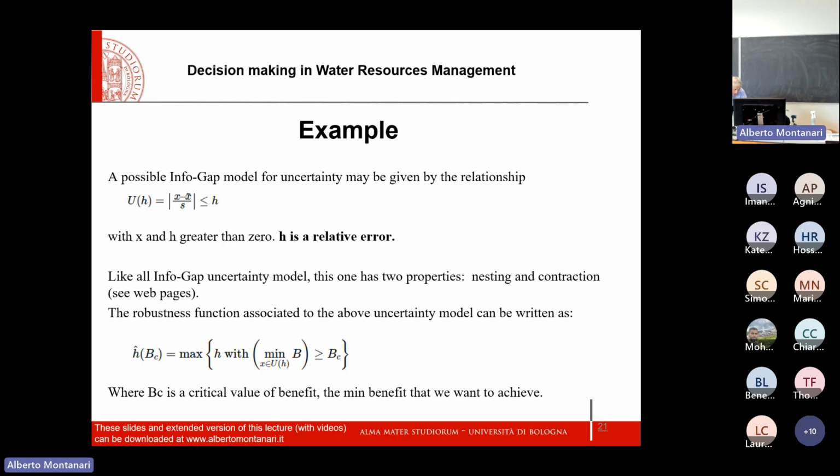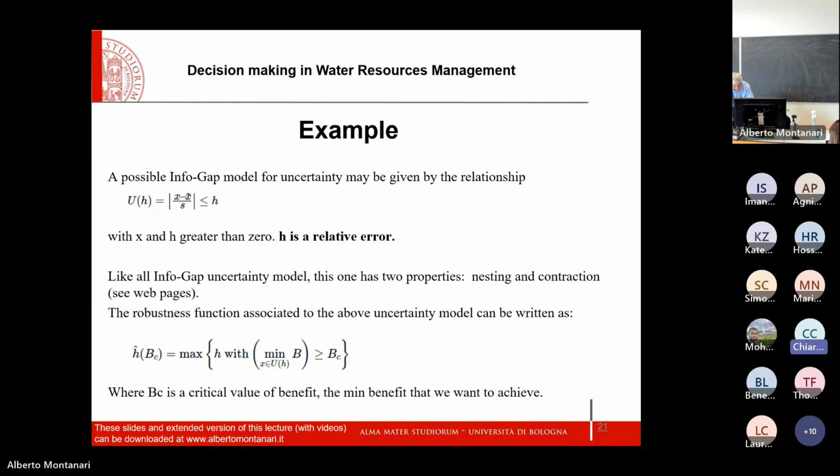Depending on this H value, you find the set of the X values that you can tolerate. In the second equation, H hat is the max of H, depending on BC. In the first equation, you don't look for the max H. You just fix H, and depending on this definition of H, you identify the range of X that you can tolerate.